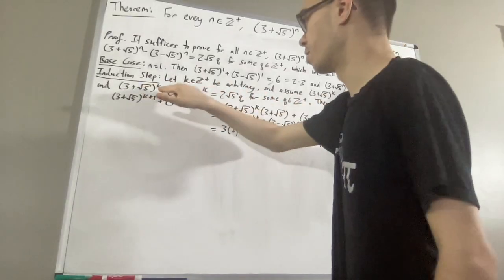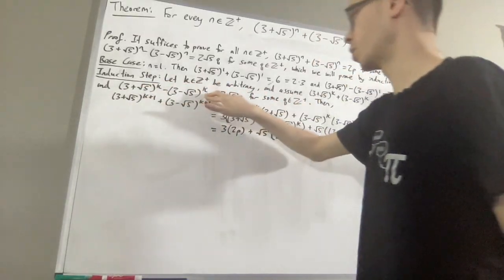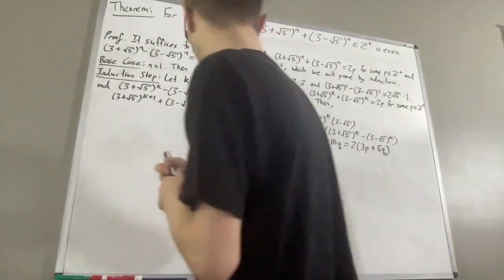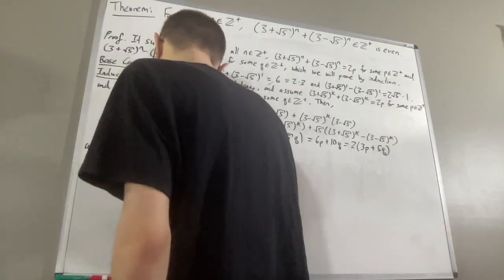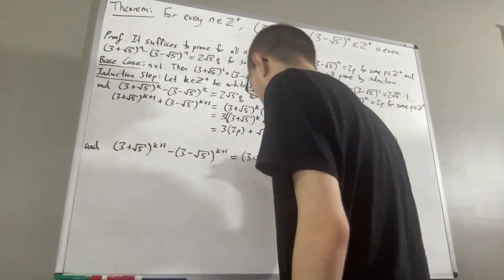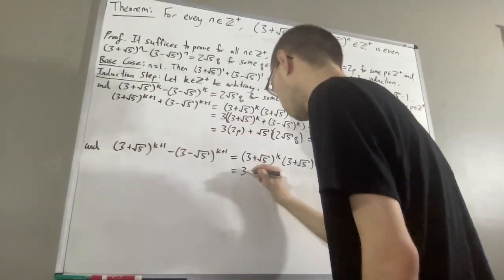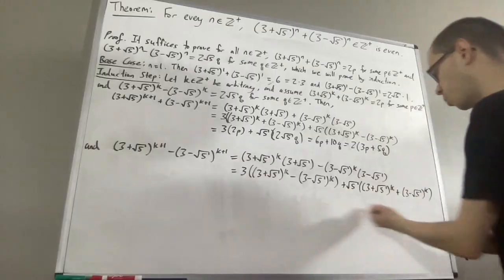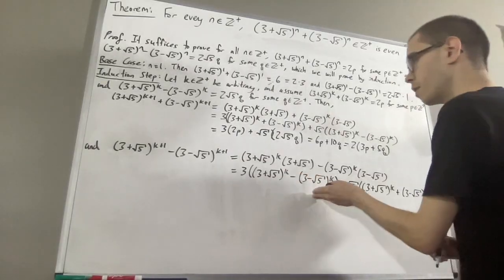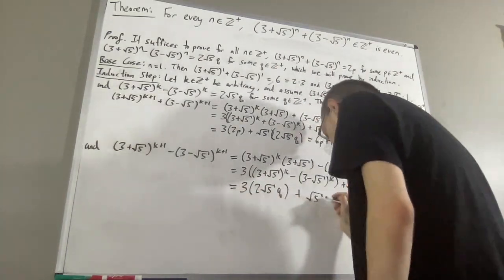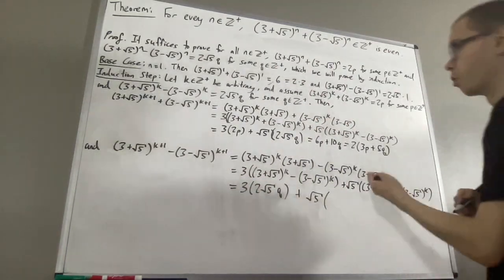Next, let's do the same thing for this guy, where instead of k we have k plus 1. We're going to show it's equal to 2 radical 5 times some positive integer. Again, we're going to follow what we did in our scratch work. So we're at this point, but then we substitute this guy for 2 radical 5q, and substitute this guy for 2p.